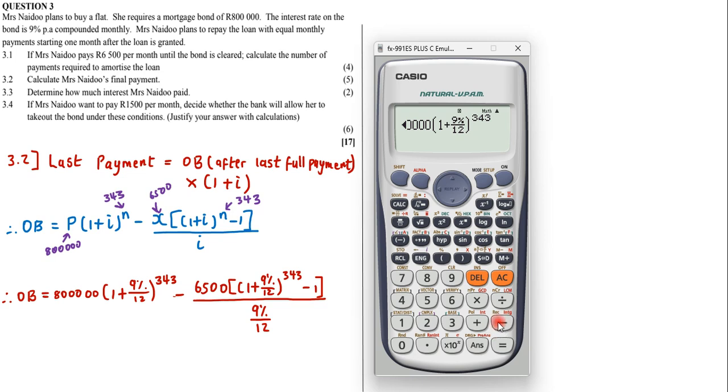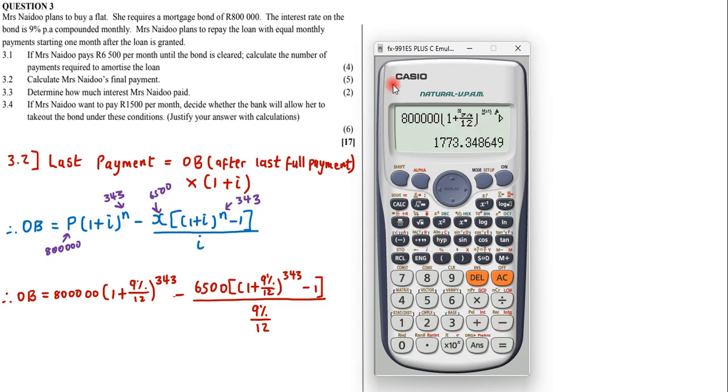Then we subtract 6,500 Rand into 1 plus 9% divided by 12 to the power of 343 minus 1, all over 9% divided by 12.